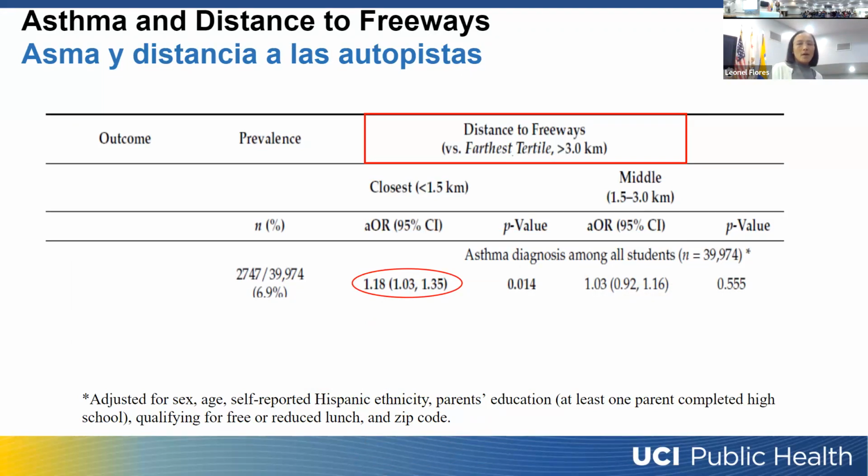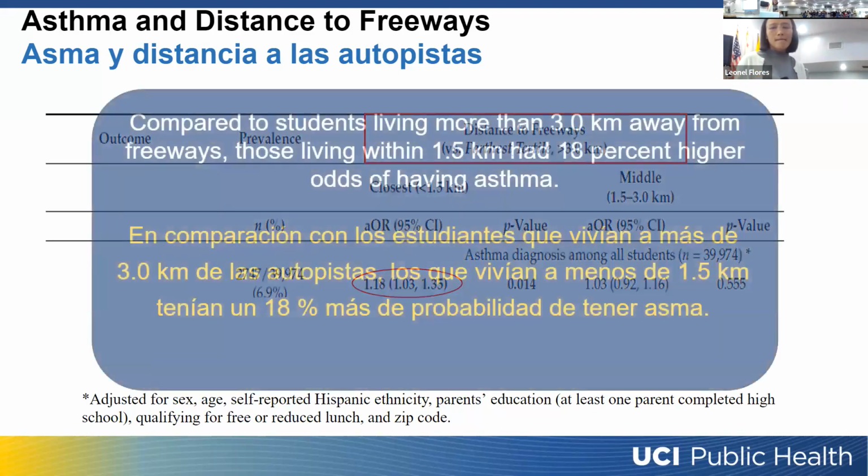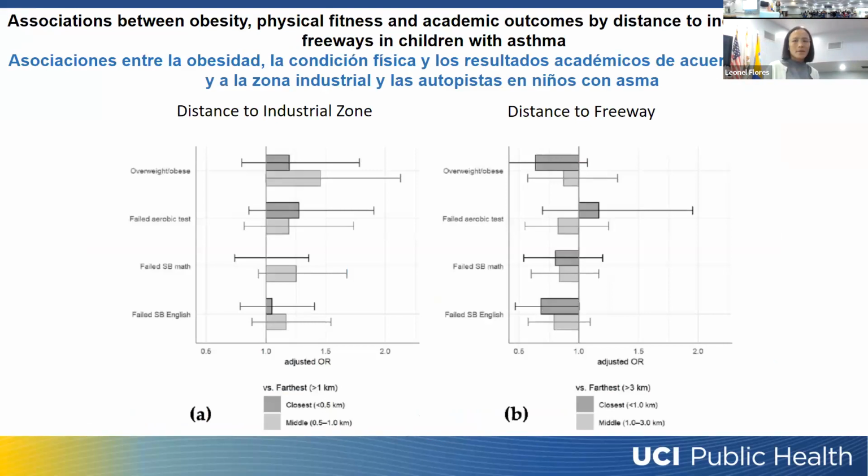And for this one, for kids living close to the freeways and highways in comparison to the kids living the furthest away, which is 3 kilometers away from highways and freeways, those living close have about an 18% higher risk of developing asthma. Okay, next.